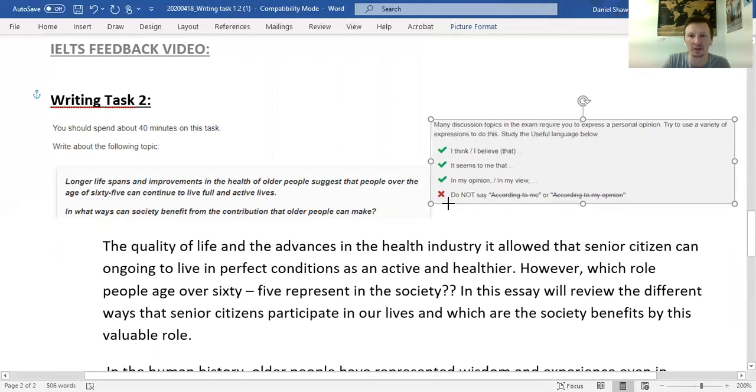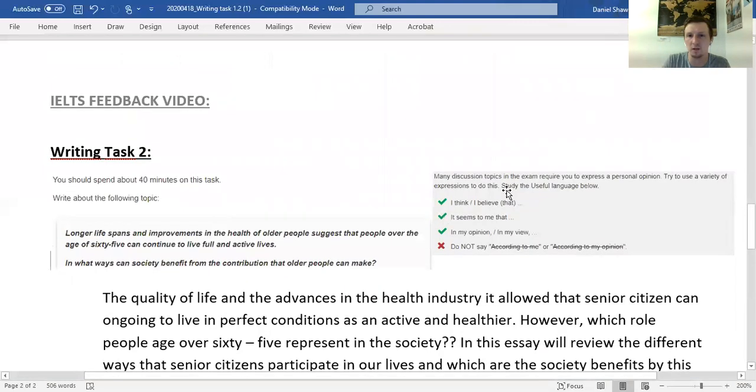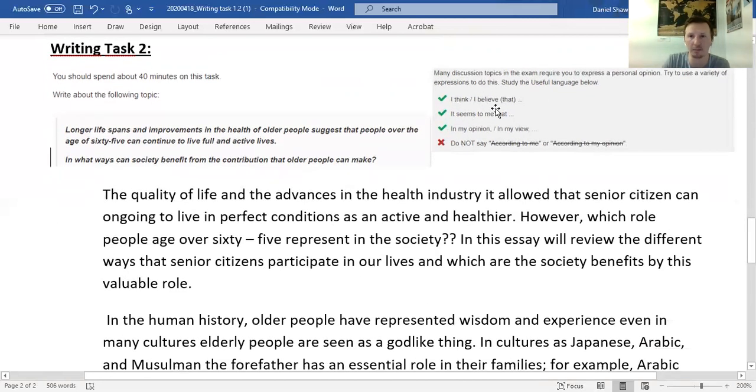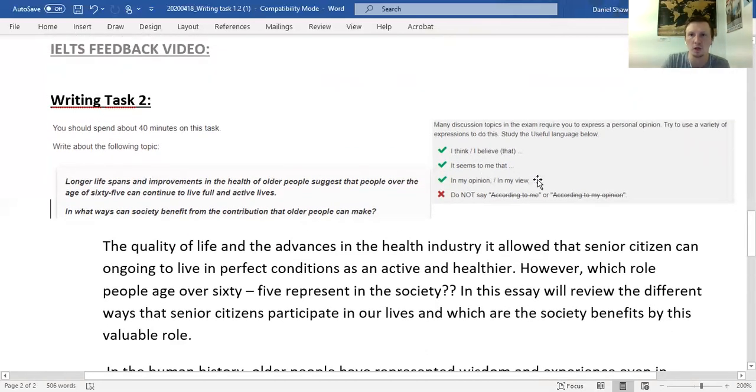And there's a little help box here that I found very useful. And it's important that we try to follow it because a lot of people, again, make the same errors. So many discussion topics require you to express a personal opinion. What do you think? So try to use a variety of expressions to do this. I think, I believe that, it seems to me that, in my opinion, in my view. These are great because they're simple, they're clear, they show your opinion.